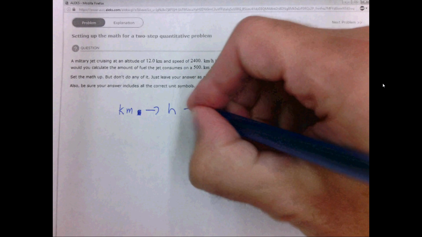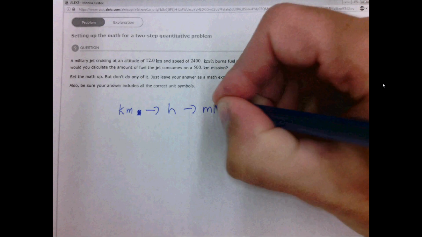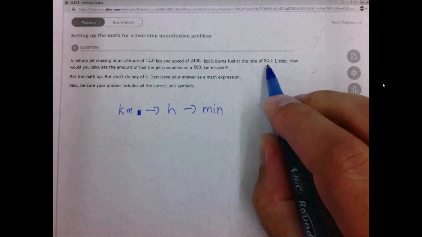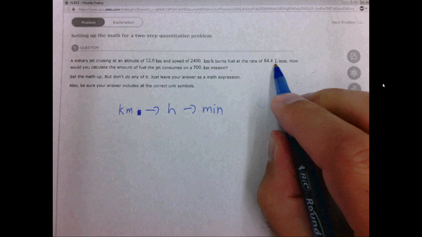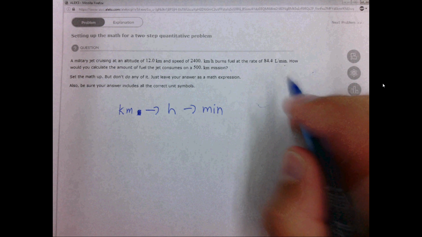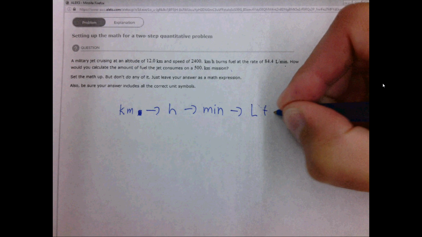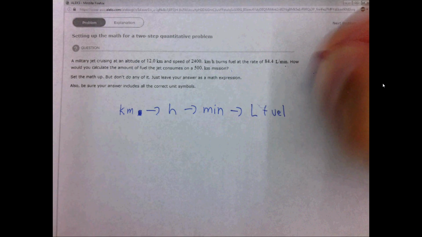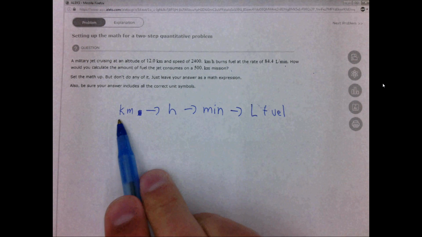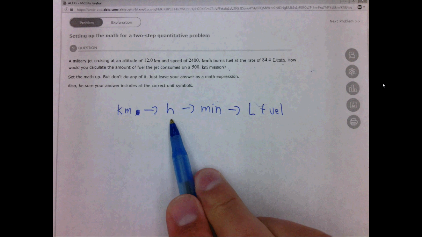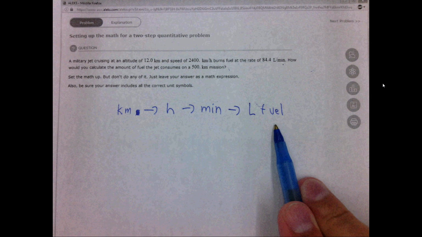Then we want to convert hours to minutes because our rate of fuel consumption is in liters per minute. Once we have minutes, we can convert it to liters of the fuel. So we want to convert the kilometers of the trip to hours, then to minutes, then to liters of fuel.